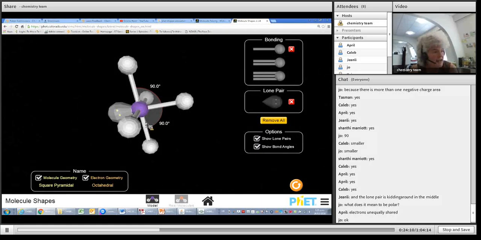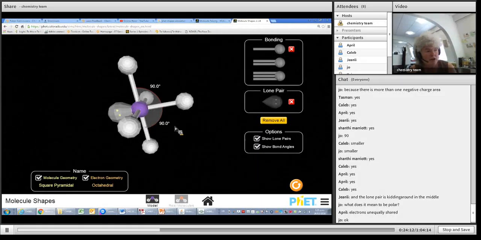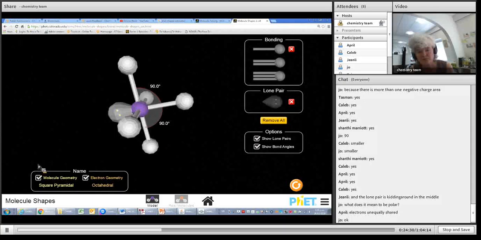Right, so any question about shapes? Do you think you can, if you know the Lewis structure, work out the areas of negative charge, get the electron geometry, and then work out the molecular geometry based on the number of bonding and non-bonding pairs?